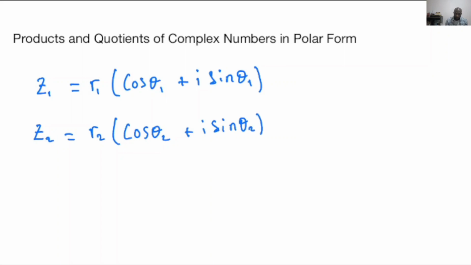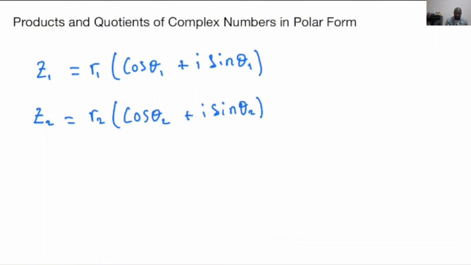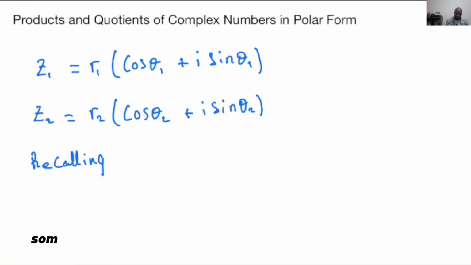Now, before we start multiplying and dividing these complex numbers, let's recall some trig identities.